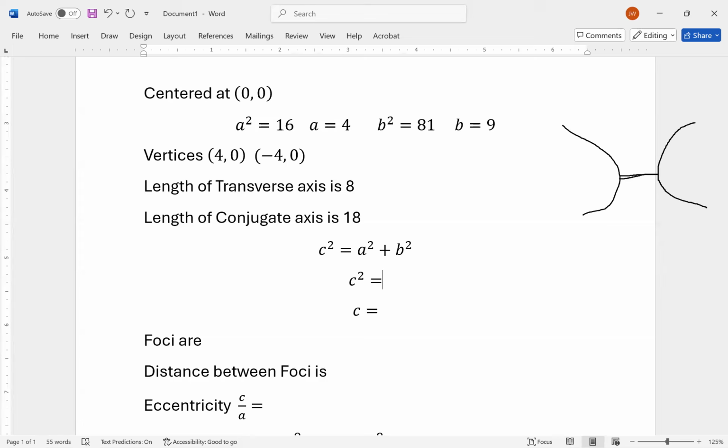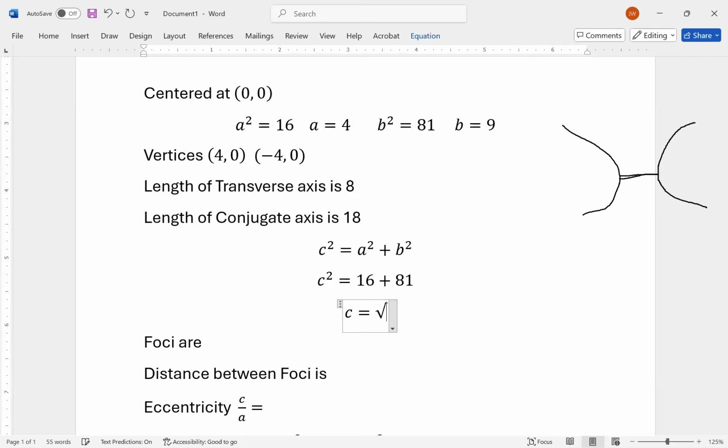So don't mix those up. In this case, A squared is 16, B squared is 81. If you take 16 and add 81, that's 97. So C is going to be the square root of 97.